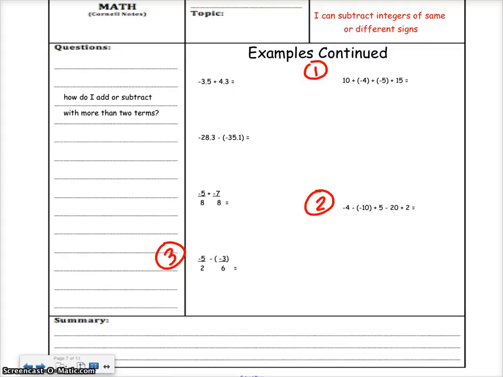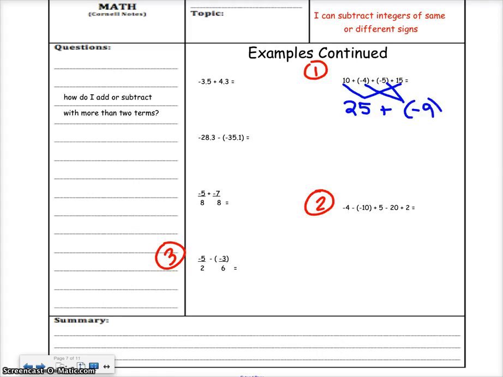When you're given multiple terms like this first example, I group. It works much easier. So I'm going to group my positives together. 10 plus 15 is how many positives? 25. Thank you. I have 25 positives plus 4 negatives and 5 negatives gives me how many negatives? 9 negatives.